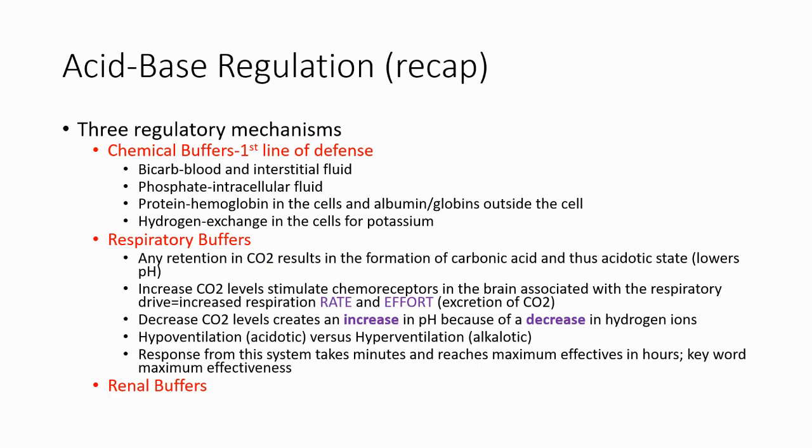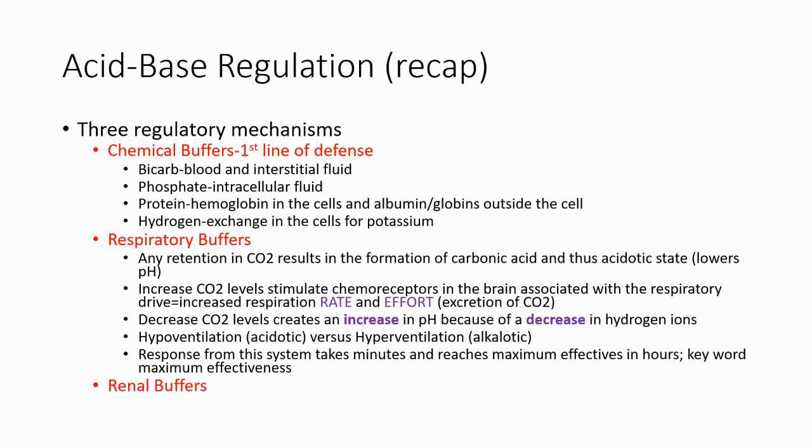Now think about that older adult that has impaired compensatory ability because of decreased respiratory function. That can definitely impact the mechanisms involved with this particular system in trying to maintain that balance.